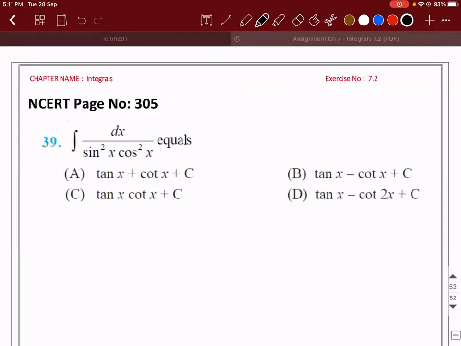Last problem. Integral of dx divided by sine square x into cos square x. How to do this? What is it that you're getting in your mind?